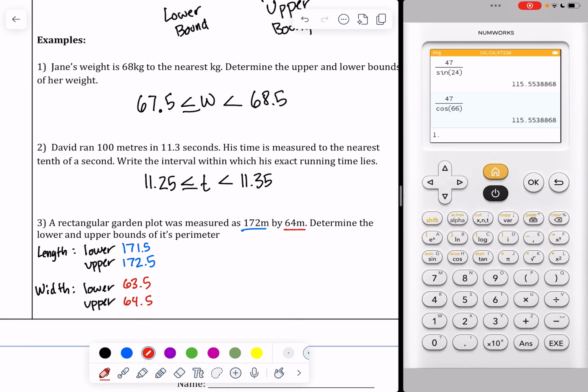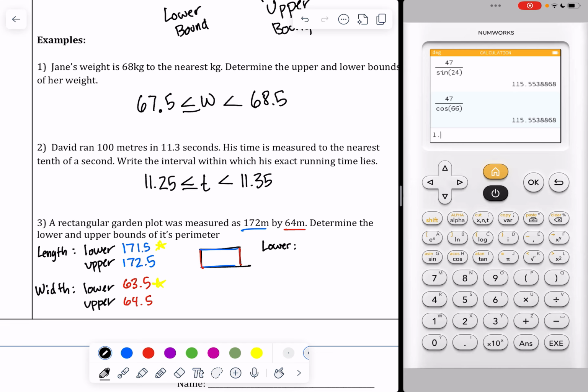Okay. So when we do perimeter, we have 2 lengths and 2 widths. So we'll have to add these up. So first thing we're going to do is we will use both of the lower bounds to figure out the lower bound.